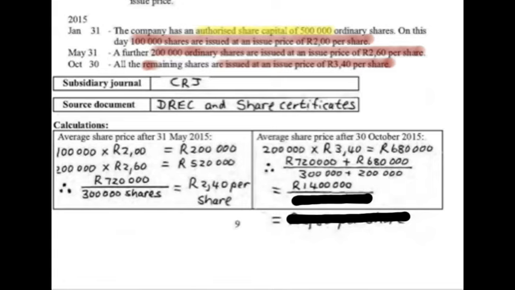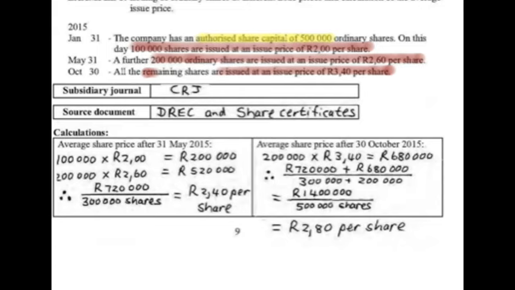How many shares have we issued? 300,000 plus 200,000. In other words, we issued all of our authorized share capital. All of the authorized share capital is the 500,000 shares, all of them gone to the public. That gives you an average share price of R2.80 per share.